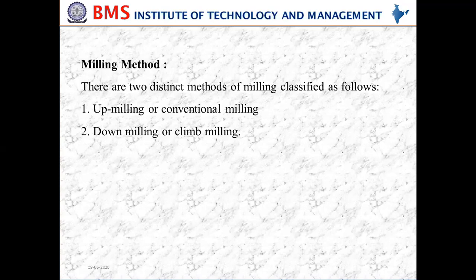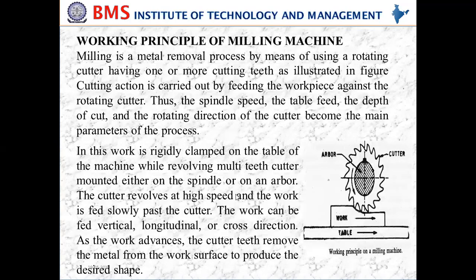In milling, the workpiece is generally fed against the rotating cutter. The relative motion between the workpiece and the cutter can be in any direction. It may be in the same direction for the cutter movement and the workpiece movement, or it need not be the same; it may be in the opposite direction also.